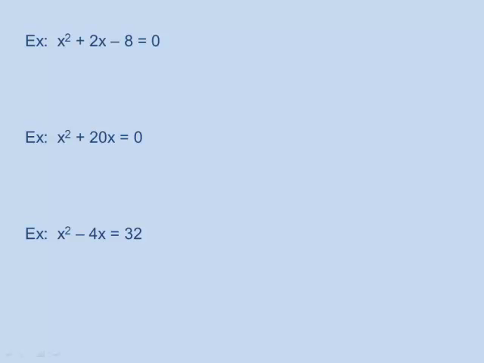All right, x squared plus 2x minus 8 equals 0. First step, make sure that the equation is indeed set equal to 0, and in this case it is. So combine any like terms, if there are any, and in this case there aren't. So the next step is to factor that non-zero side. So this is one of the easier trinomials.